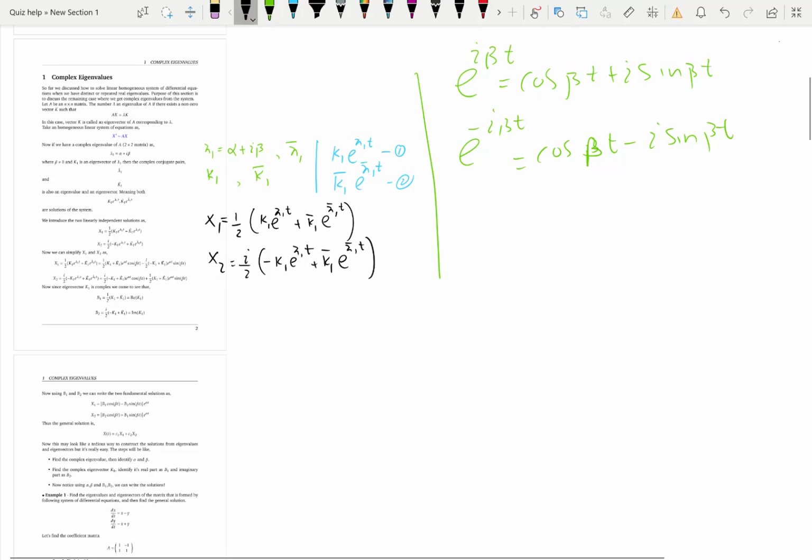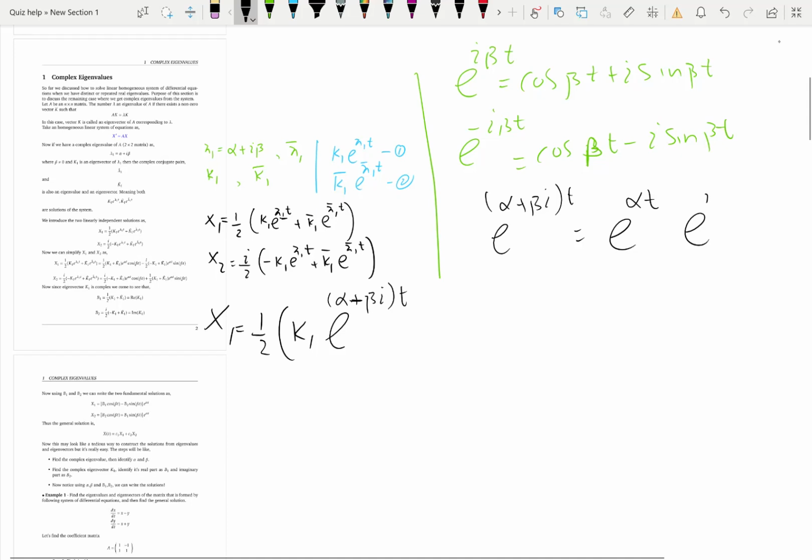Let me show you this for just x1. So x1 is one half. Now what I'm going to do is, k1, lambda 1 is alpha plus beta i, right? So let's write alpha plus beta i times t. I replace lambda 1 here by its real identity, alpha plus beta i. Now you have a plus in the exponent, so we can use the product rule, right? e to the alpha plus beta i t can be written as e to the alpha t times e to the i beta t.